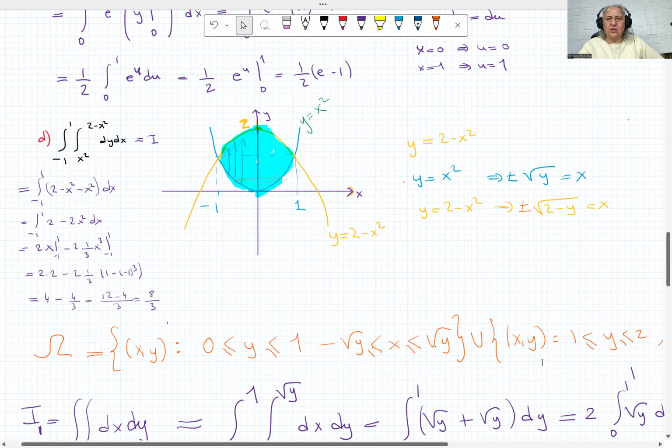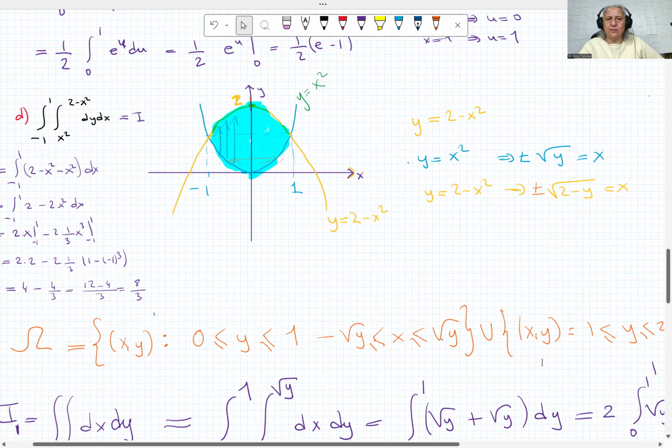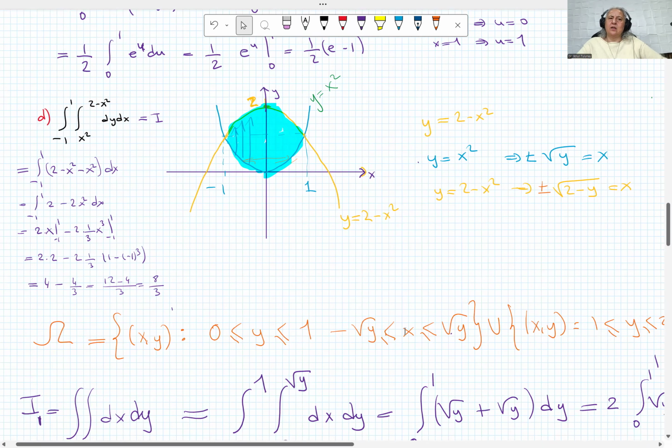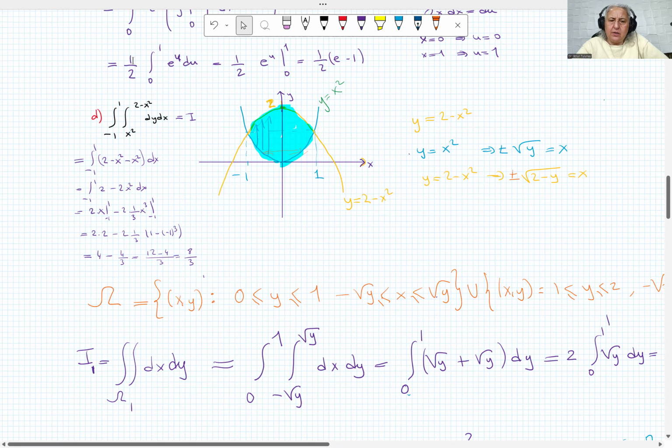Okay, let's have a look at this question. The integral here is from minus 1 to 1, and y from x squared to 2 minus x squared.